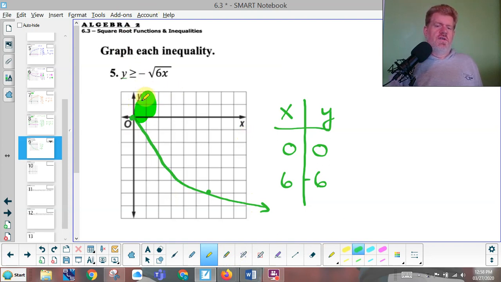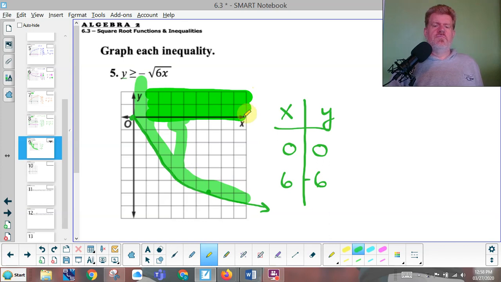Now I say everything above. Remember what the domain is. We start at 0, so it's got to be there. I can't do anything past there. And it's everything else going on forever. All right, I got those, so I can just go coloring crazy now. That's kind of fun.